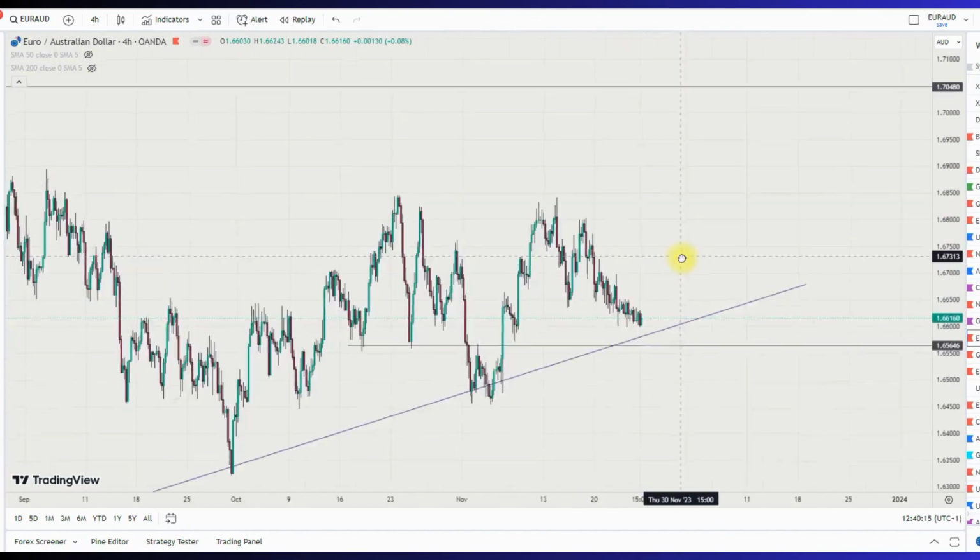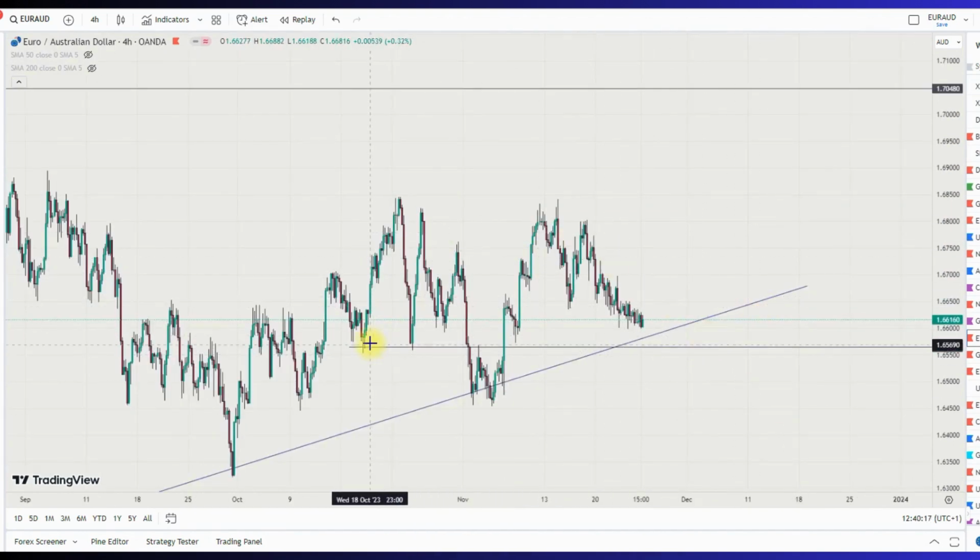This is what I'm looking at on Euro Australian dollar. As we all know, we might have a weaker Australian dollar next week, and this might support the motion, where we might have the Euro AUD bounce to the upside right there. So let's see how price reacts to this. But if it goes below this area and closes below it, then I will not be buying Euro AUD.